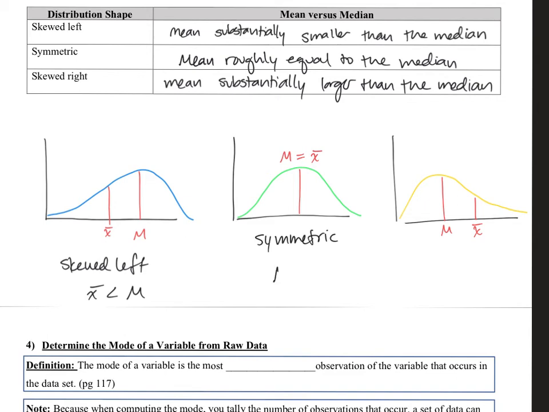And in this case, the mean is equal to the median. Or the median is equal to the mean. And lastly, we have items skewed here, which is pulling my mean out to that direction, to the right. So this one is skewed right. Or another way of writing it is my mean is larger than my median.